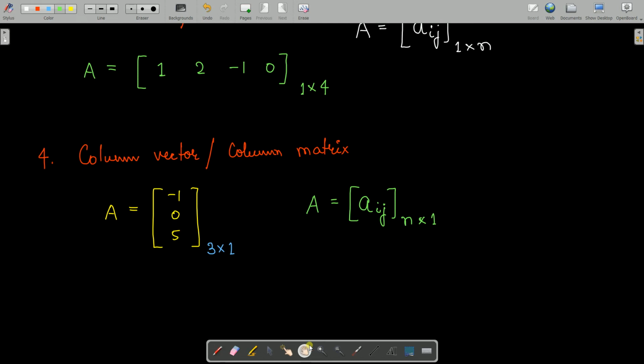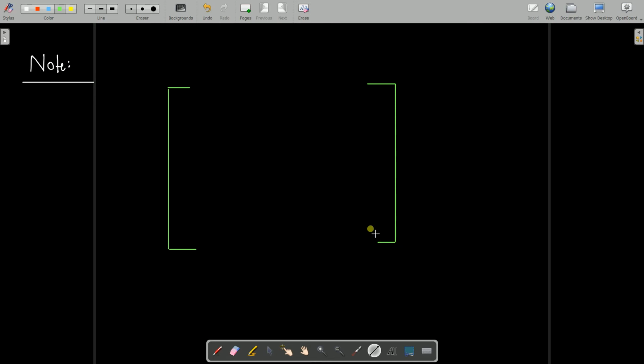Okay, so these are some fundamental types of matrices. Moreover, write a note. Let's say I'm considering one matrix like this, and I am representing some elements inside.